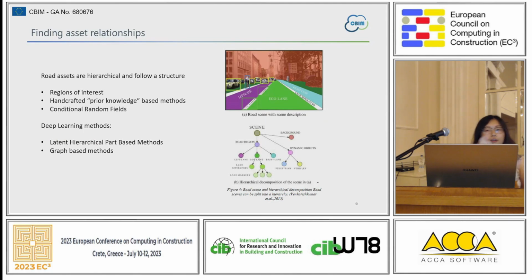Then if you're going to make a digital twin of something, it has to contain some kind of information. Specifically, if you're making it into an open data format like IFC, you need the asset relationships.